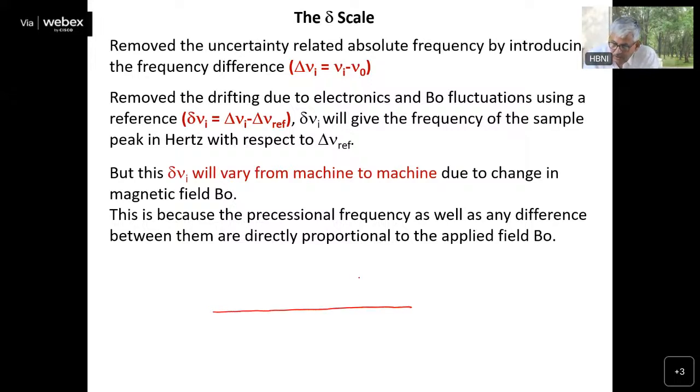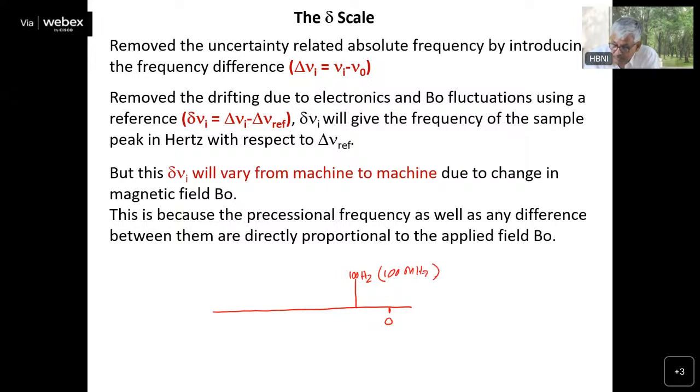Let us say you are using a machine. Let us say this is your 0 and this is your peak, which comes at 100 hertz in a 100 megahertz machine.